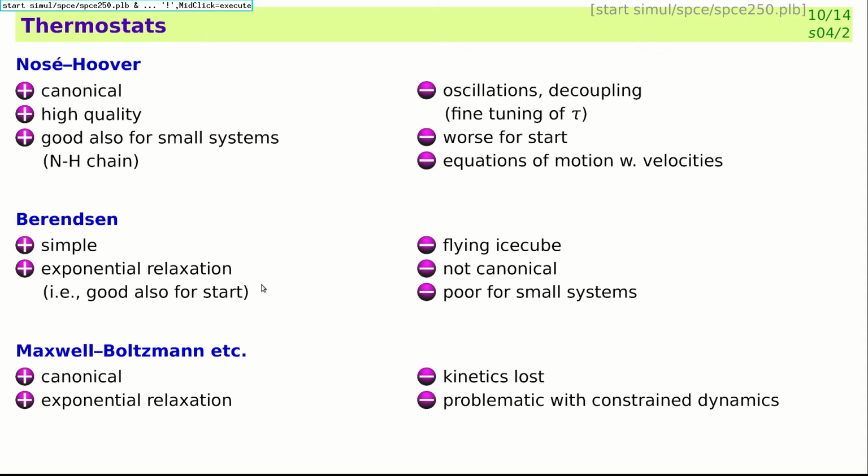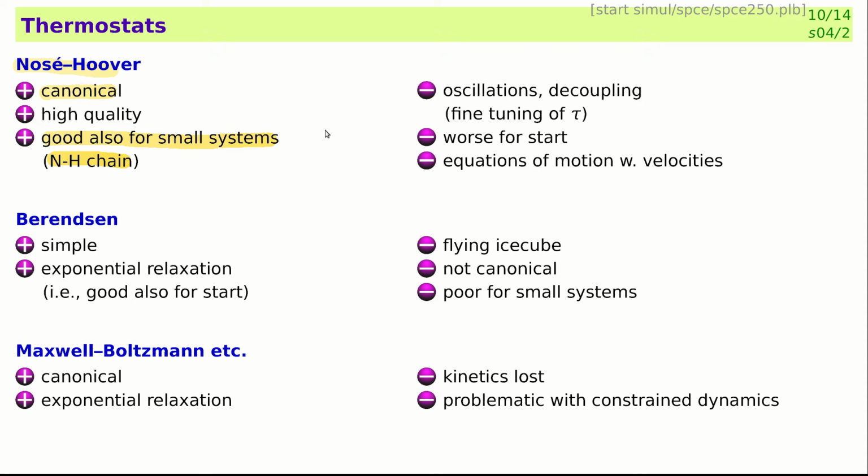Now a comparison of different thermostats. Usually the Nosé-Hoover thermostat is regarded as the best, with the highest quality, because it is canonical. It's also good for very small systems, especially if we combine several of them. It is a so-called Nosé-Hoover chain.